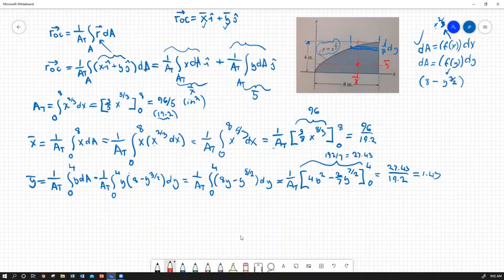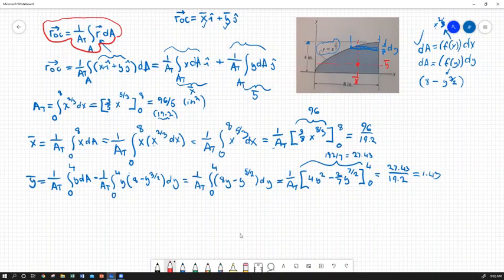Okay, cool. So Cynthia, just as a recap, definition of centroid, in this case for an area. It's 1 over the total area. If we had some kind of linear thing, it would be 1 over the total length.